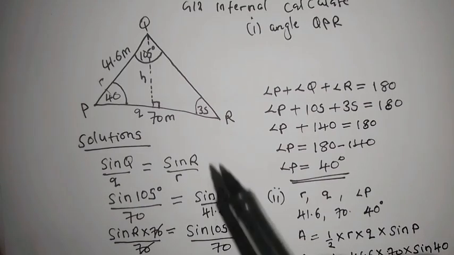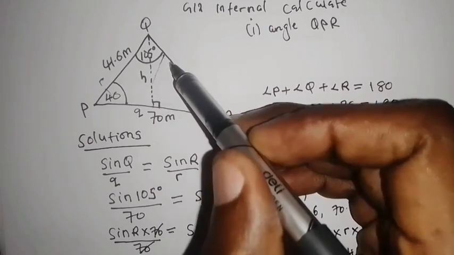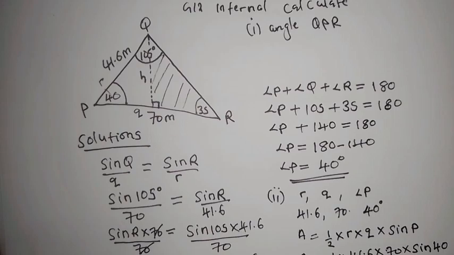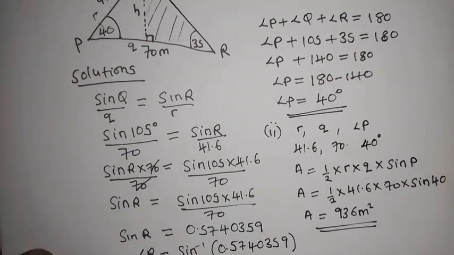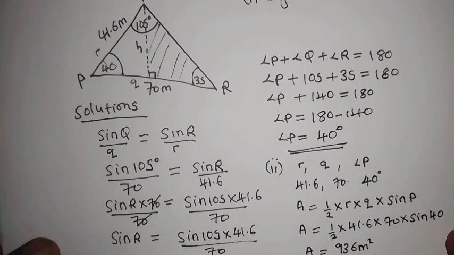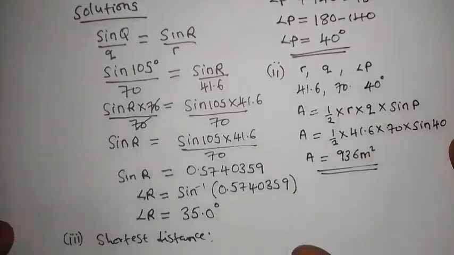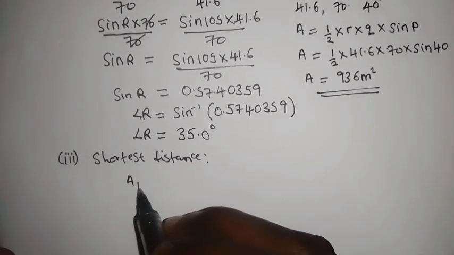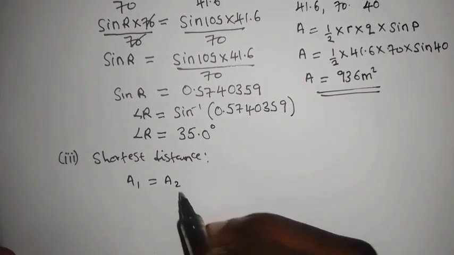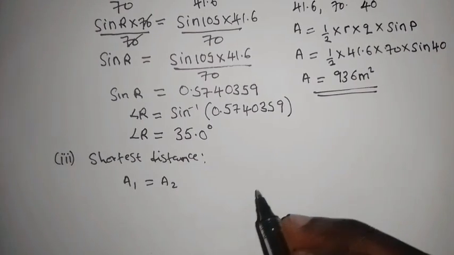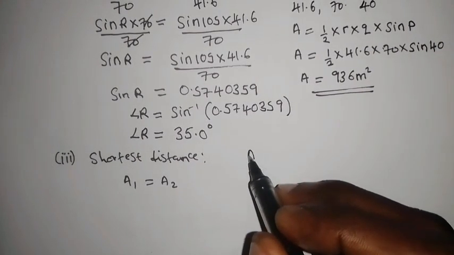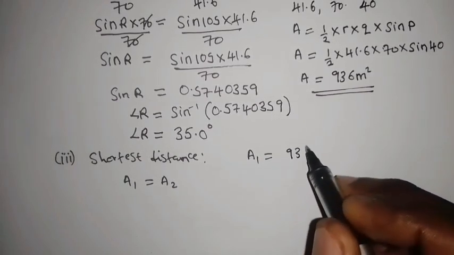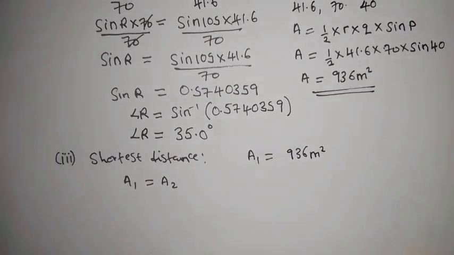Because this is now a right angle triangle, we know the formula for finding its area, and we can use a similarity where we say area 1 equals area 2. The reason I prefer this logic is that your area 1 is something that you have found as 936 meters squared.